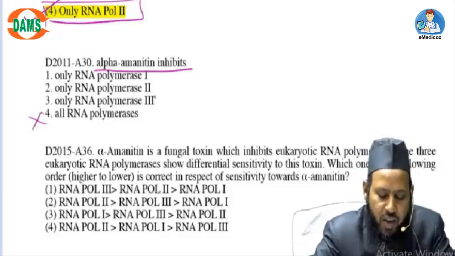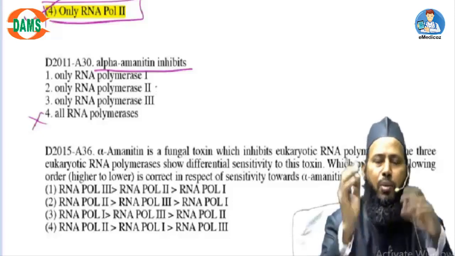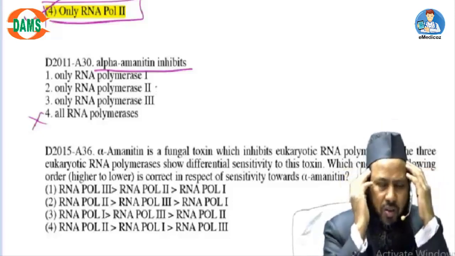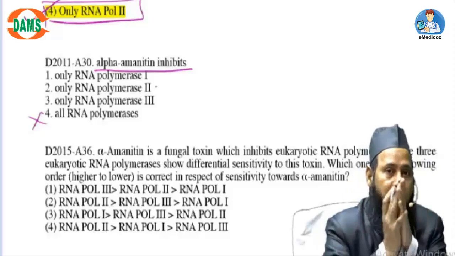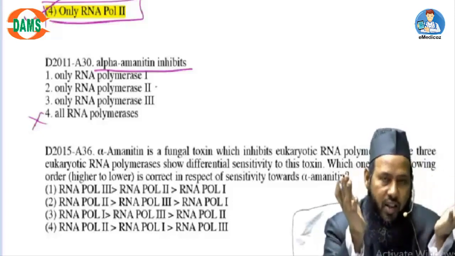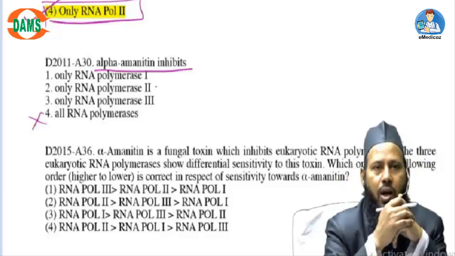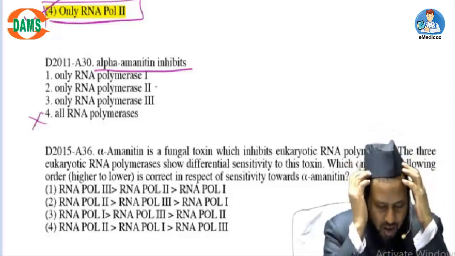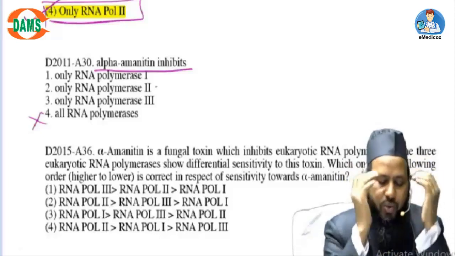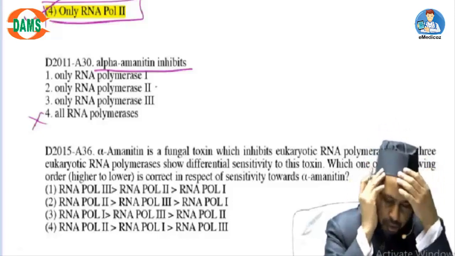If I say only RNA polymerase 2, that will come to our mind, no, that is not true. Alpha amanitin inhibits RNA polymerase 3 also at a higher concentration. So our mind will say, oh, what to choose, which one to choose. Okay, so this is the real problem.